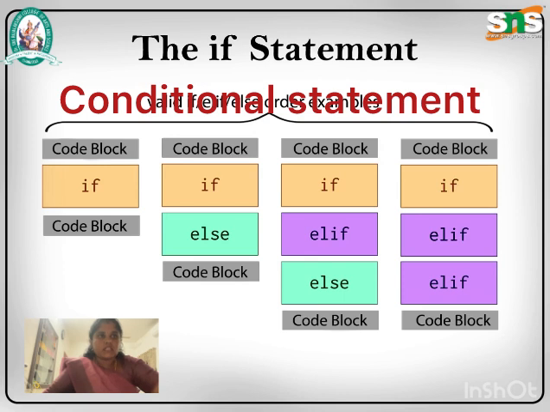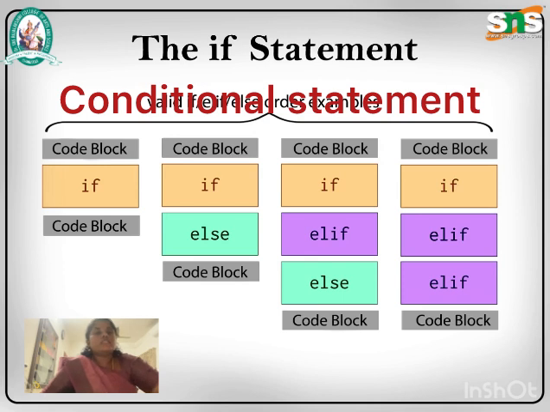The if statement is used to execute a block of code whenever the specific condition evaluates to true. Whenever the condition is true, then only the if statement will be executed. But we have to think about the false case also, no? In that case we are going to use the concept called if else.